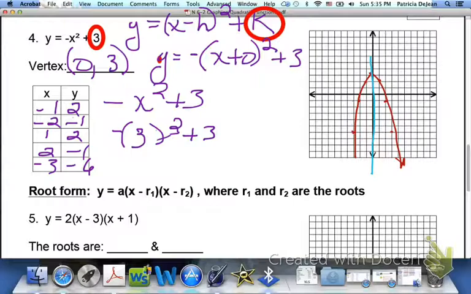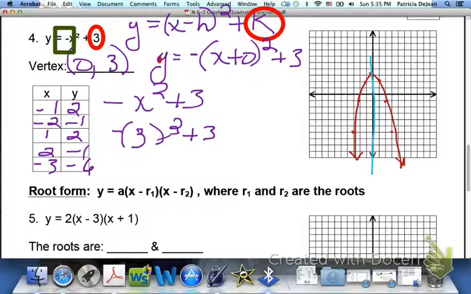And this parabola should show to be symmetric about that. If I drew the points very carefully, it would be symmetric about that axis of symmetry. We also notice here that the negative, right here, that negative number, makes it open downward. If you looked at the previous problem, it was also negative and it also opened downward.